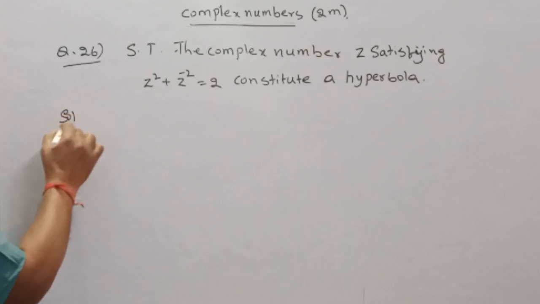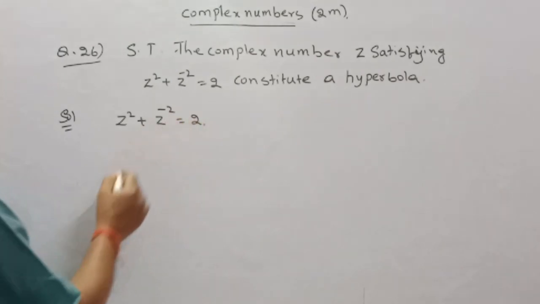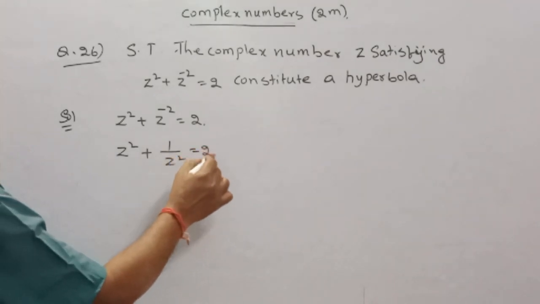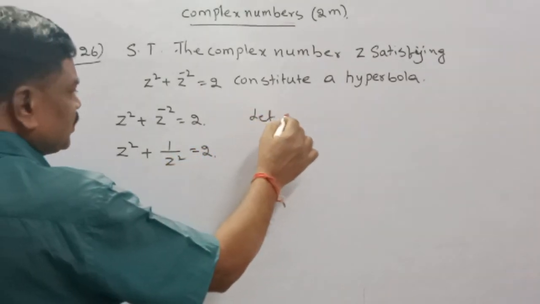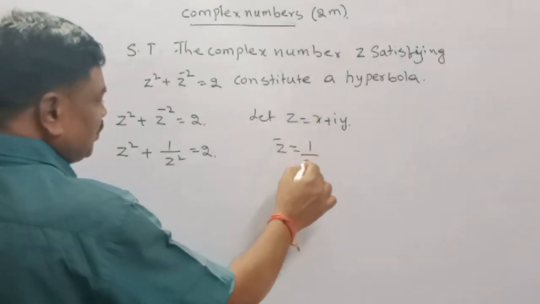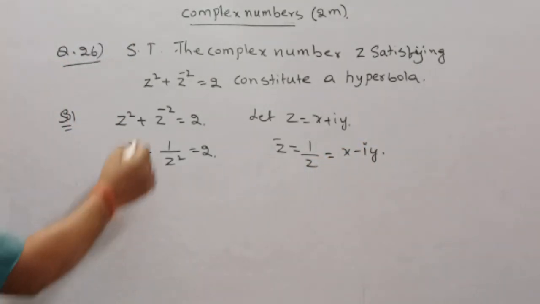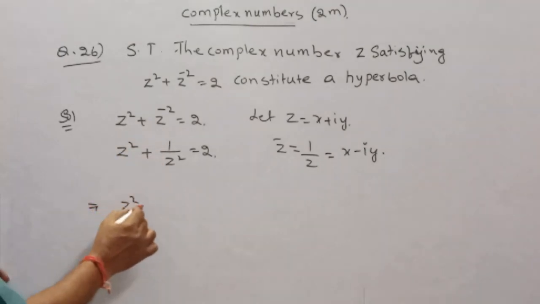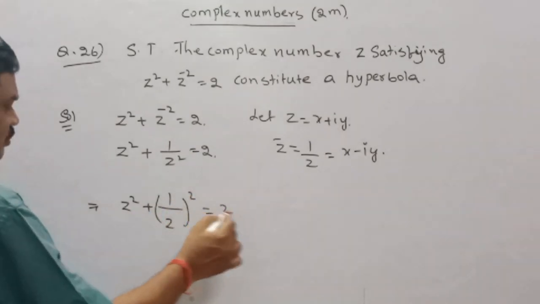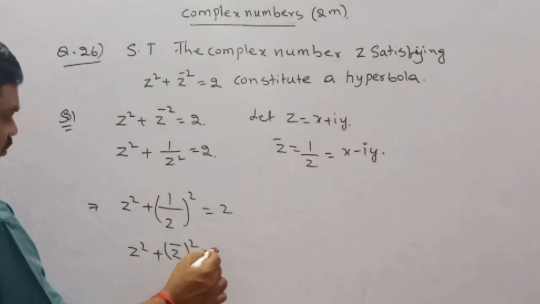Given z² + z⁻² = 2, that is z² + (1/z)² = 2. Let z = x + iy, so z̄ = 1/z = x - iy. Then z² + z̄² = 2.